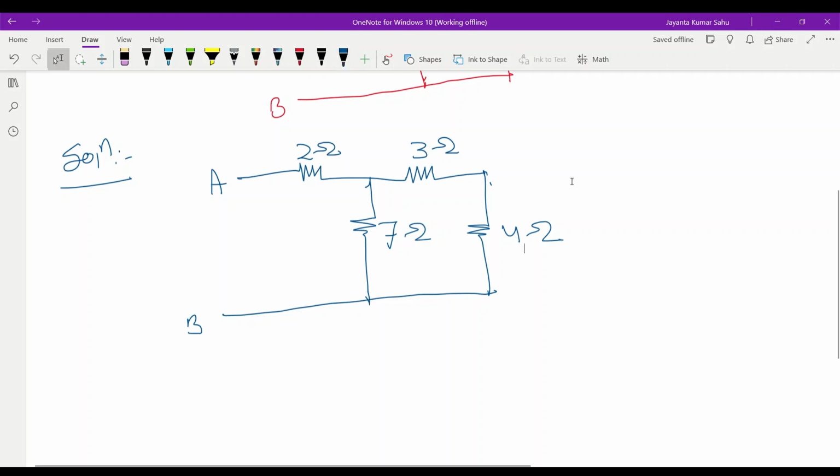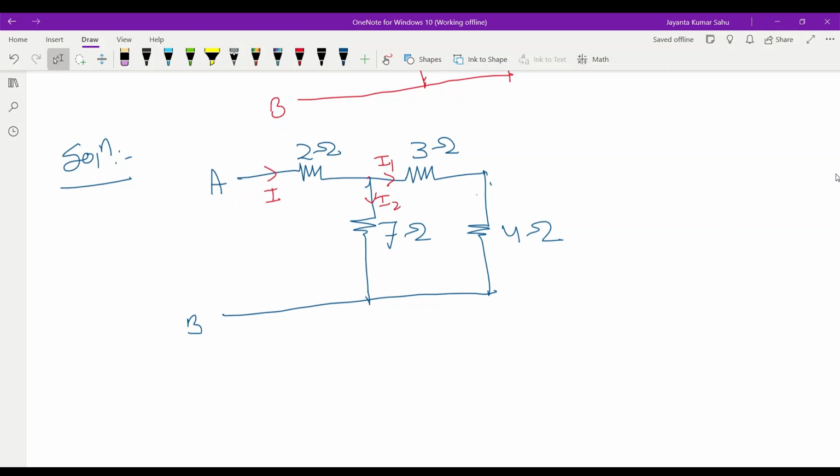Now we start. We assume a voltage source is connected between the terminals A and B when we calculate the equivalent resistance. Here current I starts. At this point the current is divided: I1 is flowing here, I2 is flowing here, because we have two paths for the current.